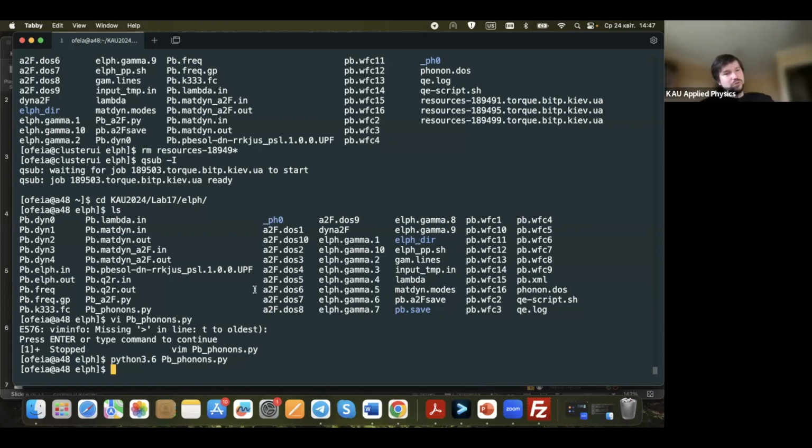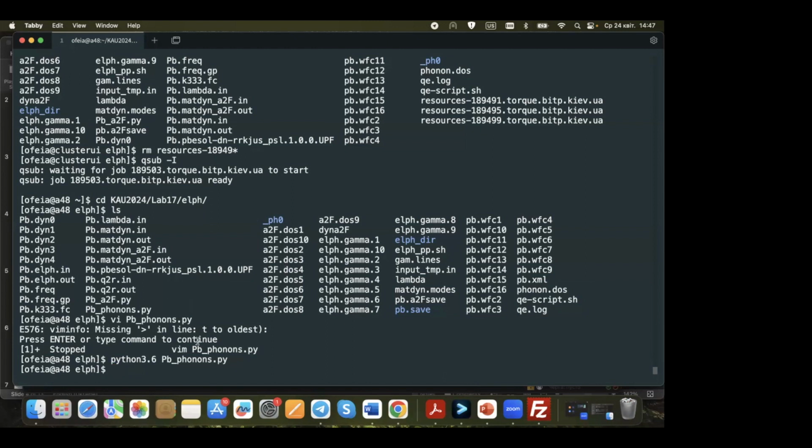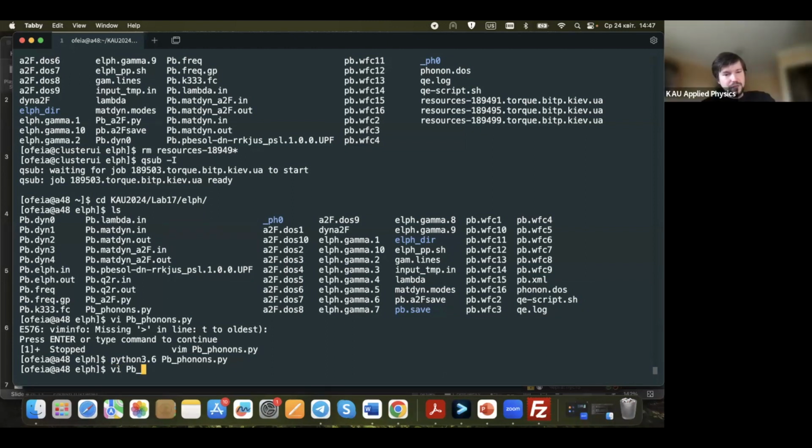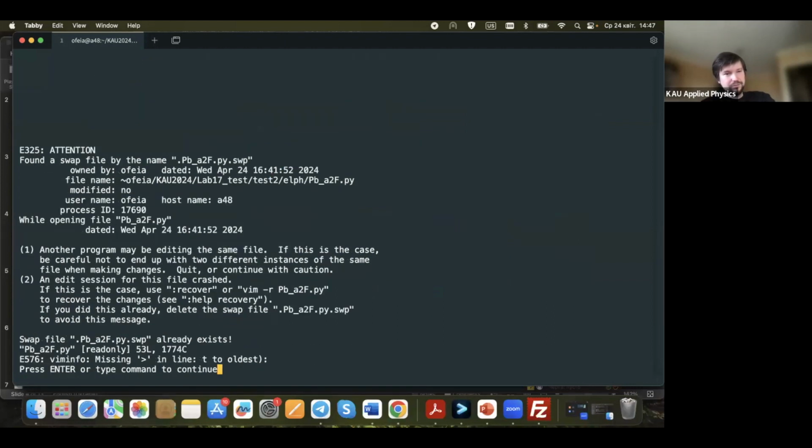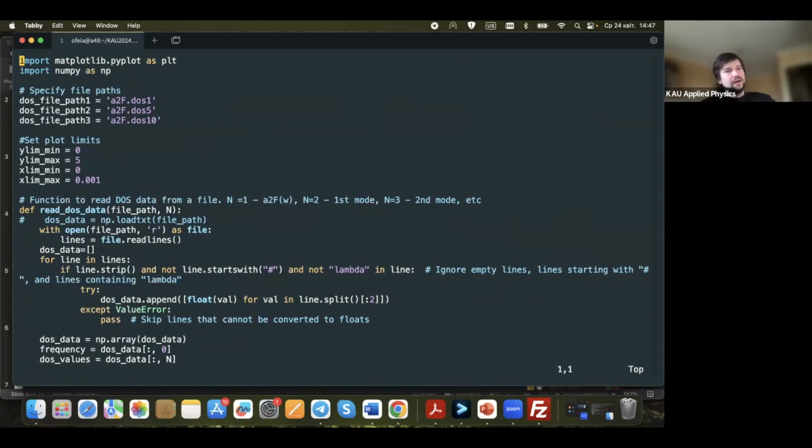I just wanted to show you this phonon dispersion to illustrate that we can plot it. We can also try to plot this DOS. We have this script, tb a2f. I just took it to compare three spectral functions.